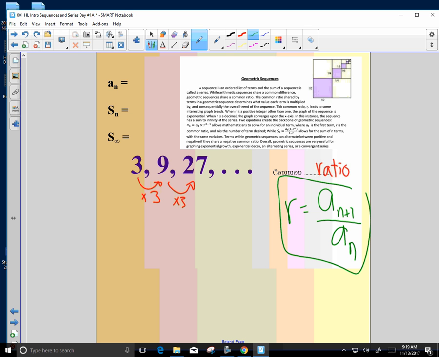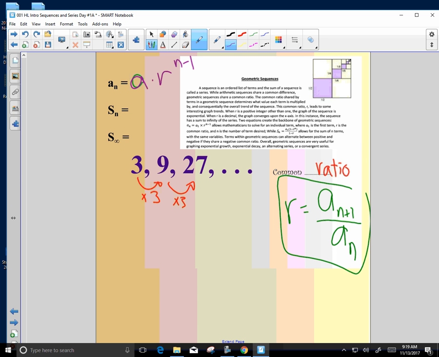So think of it this way. To get to 27, how many ratios do I multiply 3 by to get to 27? 2. What if I want to get to 9 here? How many ratios do I multiply times 3? 1. So the formula is a, the first term, times the ratio to the what?